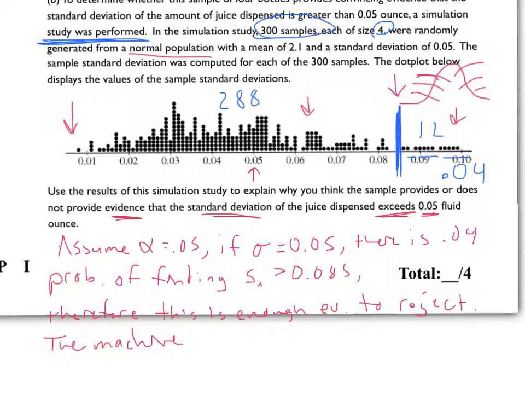And you'd want to write all of these things out. And what that does is that tells you that you have a pretty good, clear explanation of the whole process.